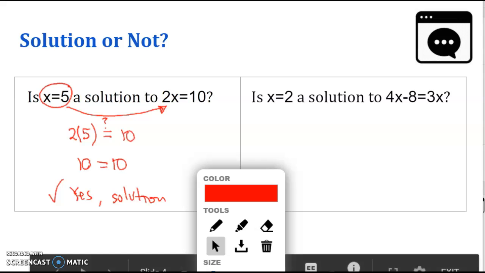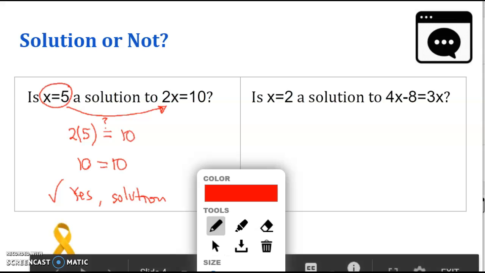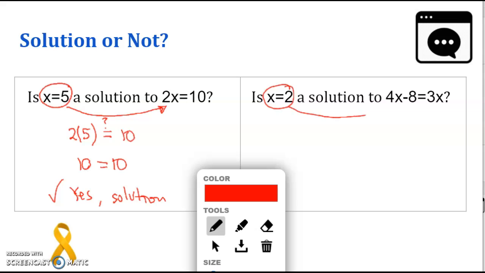What if x is equal to 2 is a solution to 4x minus 8 is equal to 3x? Now the equation is slightly more complicated, but it's the same thing. Again, you substitute this value, x is equal to 2, into this equation. And does it hold true? Let's try that. 4 times, instead of x, I'm going to use the value 2 minus 8.